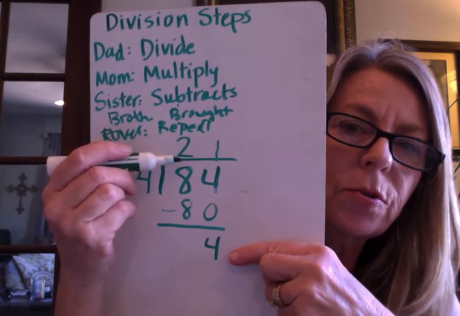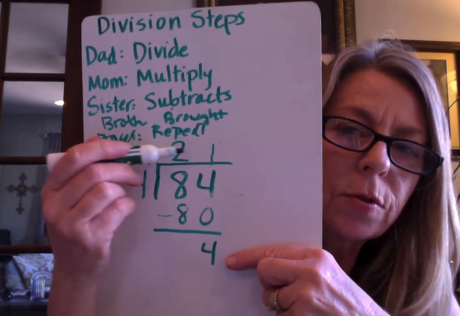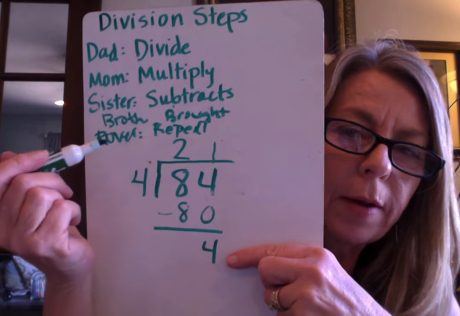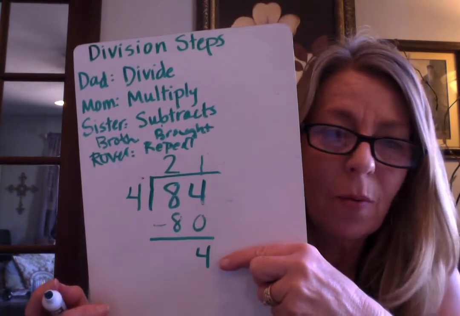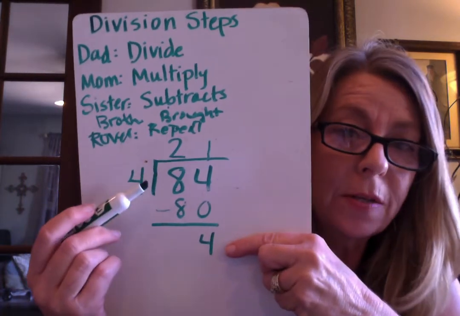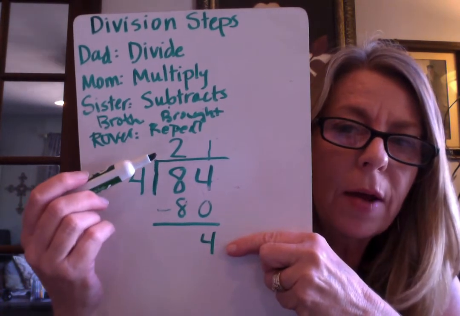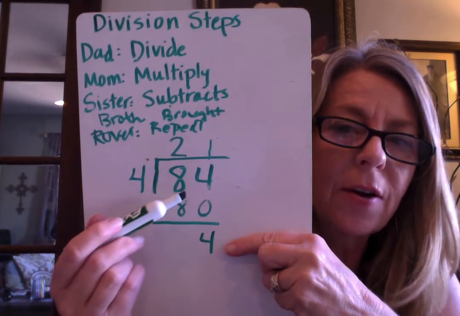Okay, so 84 divided by 4 equals 21. It's 2 tens and 1 one. Okay, now remember how multiplication and division is always a fact family, right? So what we can do is we could do this backwards. We could say, all right, well, what is 4 times 21? Let's check ourselves, and our answer should be 84.